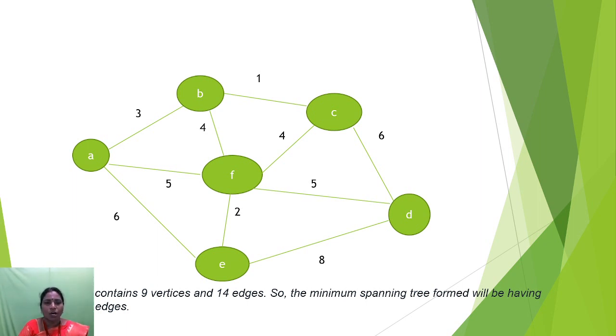Different weightages are assigned for connecting these nodes A, B, etc. So I think you are all very clear about what vertices, edges and nodes are. In this graph, it contains 9 vertices and 14 edges. So the minimum spanning tree formed will have 9 minus 1, totally 8 edges.